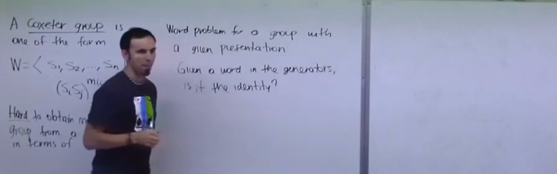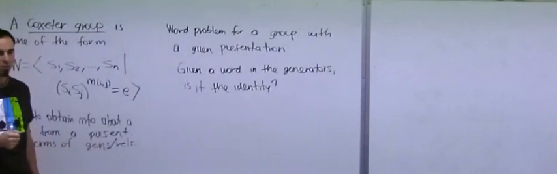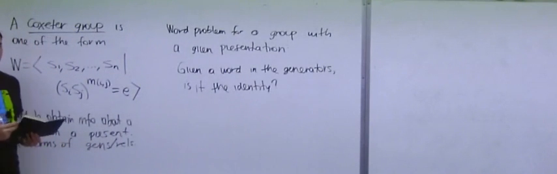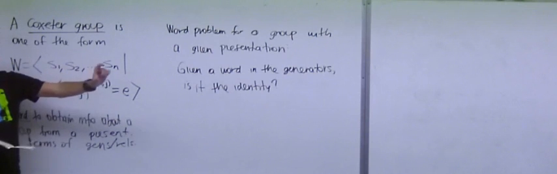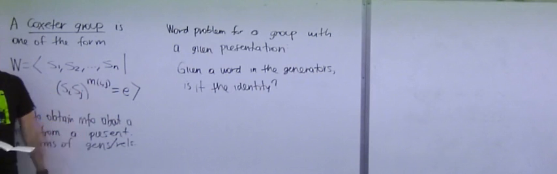A word in the generators means a string of generators. So in this case, I might tell you S1, S3, S7, S2, S4, S3, S2. I give you some long word and I ask you, is this the identity or not?